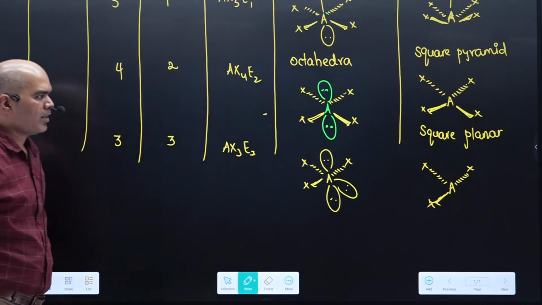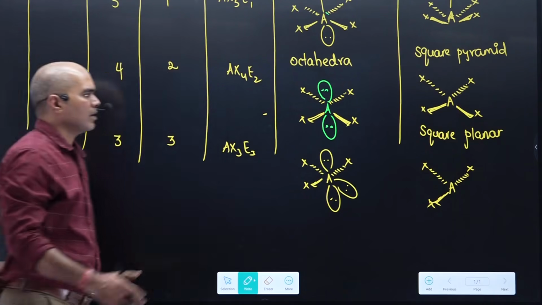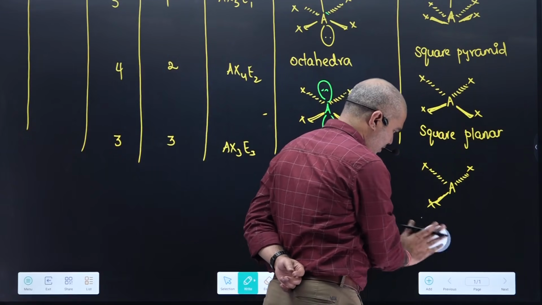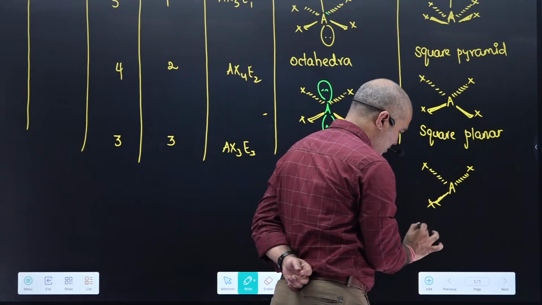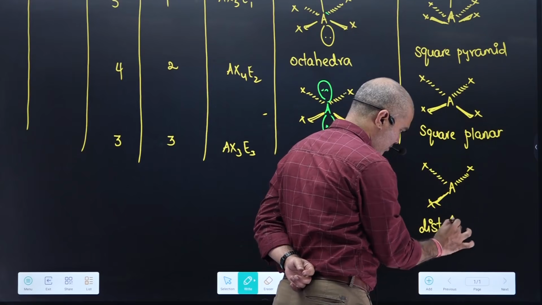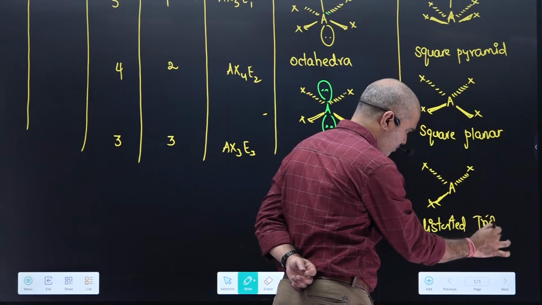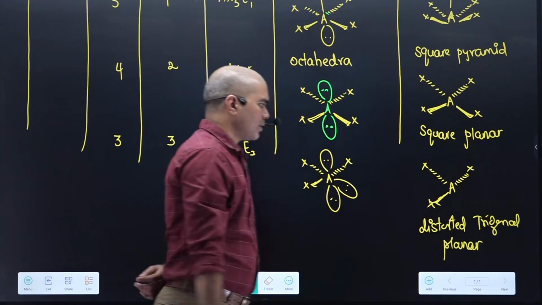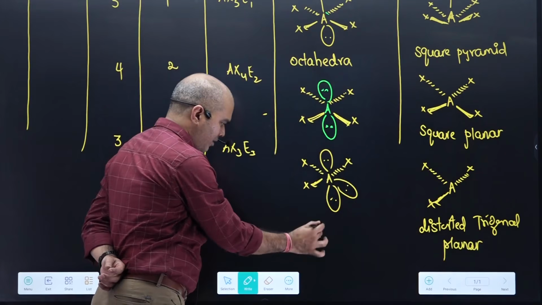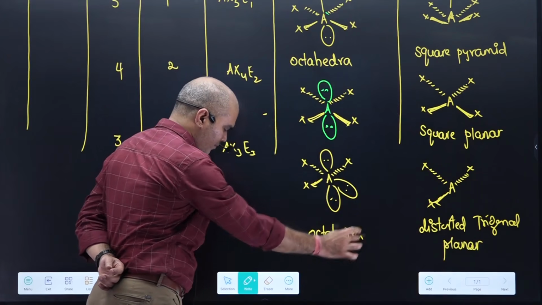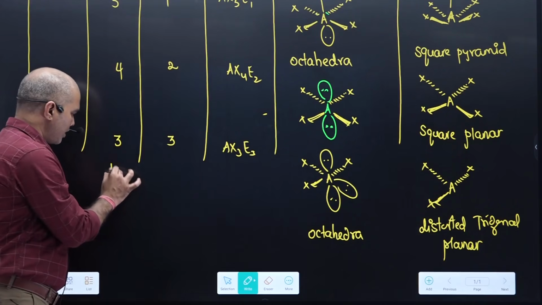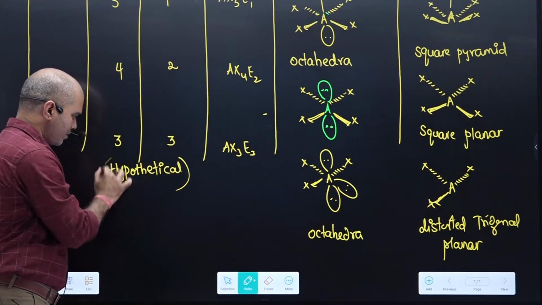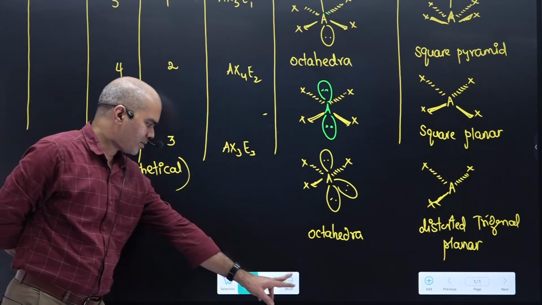Simply, if you want, write meridional. This is octahedral itself, but a meridional type of geometry. This is hypothetical only. You don't expect it in textbooks. Mention it as hypothetical. It is not present, we have just written it.